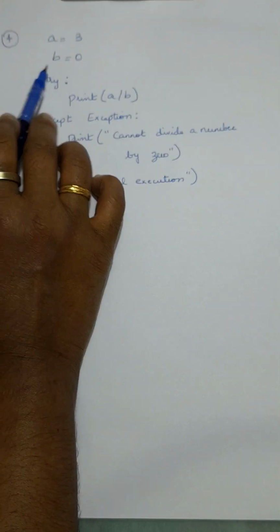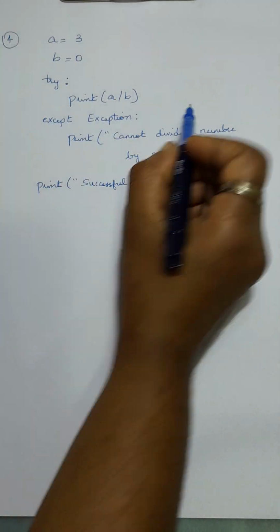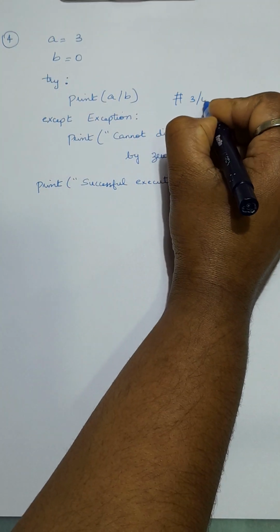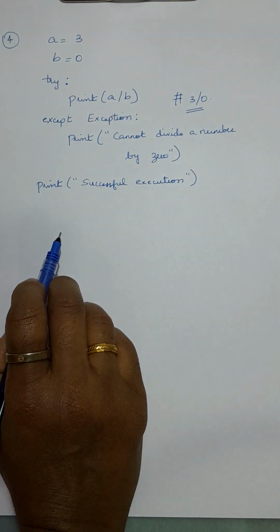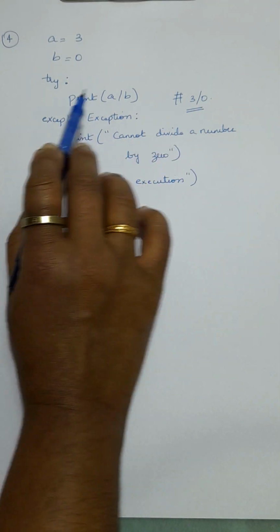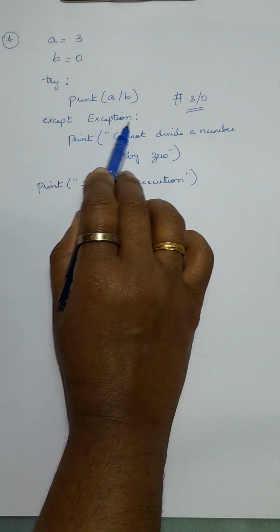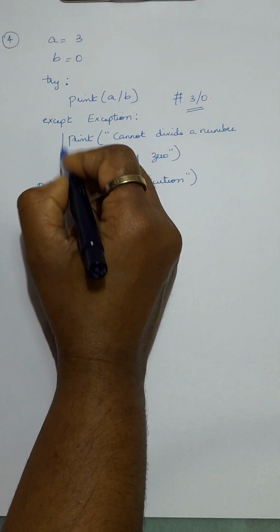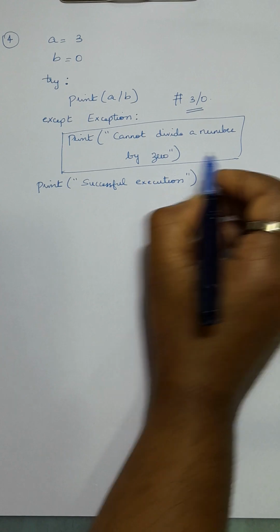a is equal to 3, b is equal to 0. Try print a divided by b, which means 3 is divided by 0. Now there is a division by 0 error. What happens? Immediately it will find the exception. What is the statement that I am printing here? Cannot divide a number by 0.